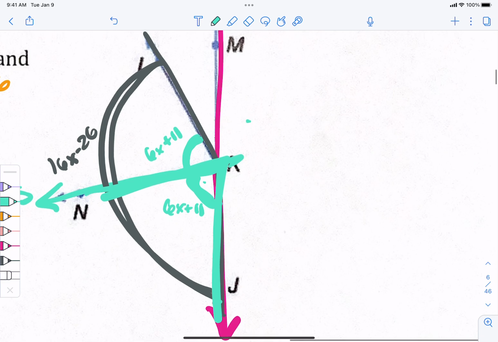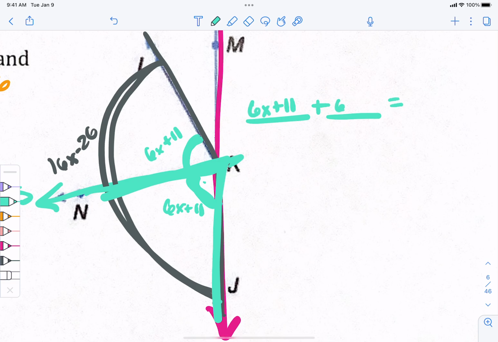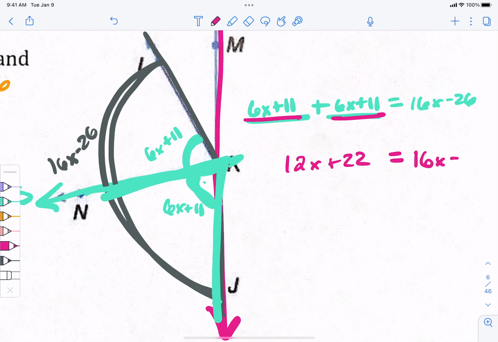Okay, so if I add those two 6x plus 11s together, 6x plus 11 plus the other 6x plus 11, that should be equal to the 16x minus 26, right? True. So what's 6x plus 11 plus 6x plus 11? 12x plus 22 equals 16x minus 26.